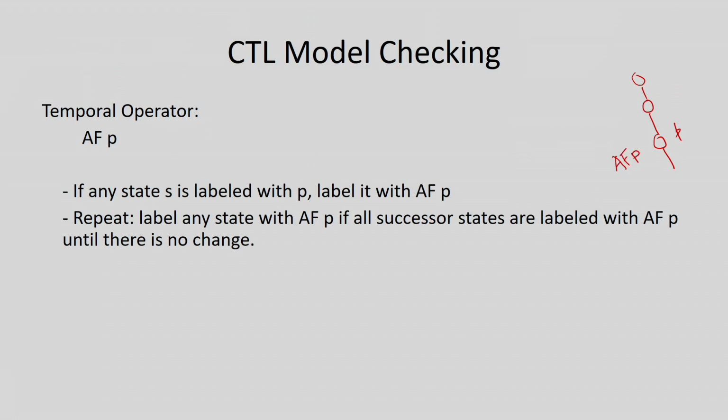Why are we doing it? Because in our defined semantics, the future includes the present. Since the future includes the present behavior, I can say that AFP is true over here. So wherever P is true, we label it with AFP.